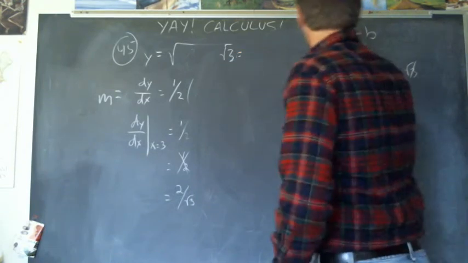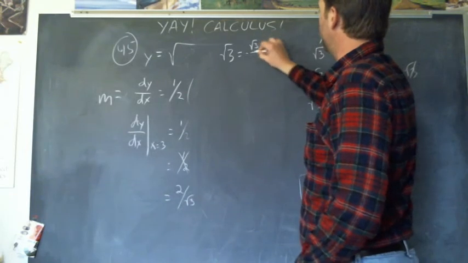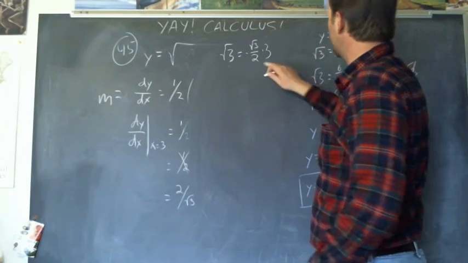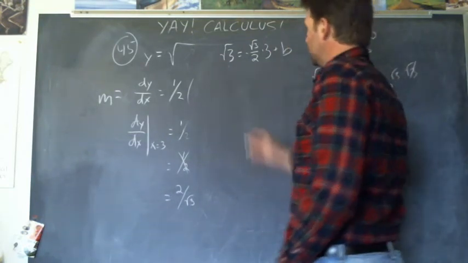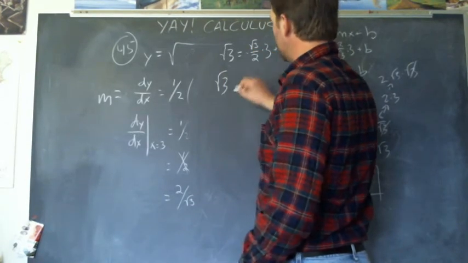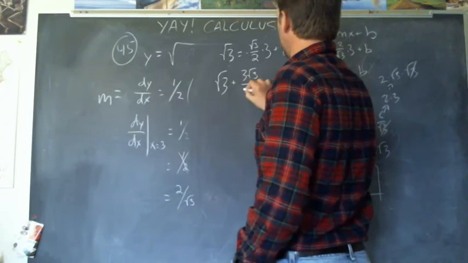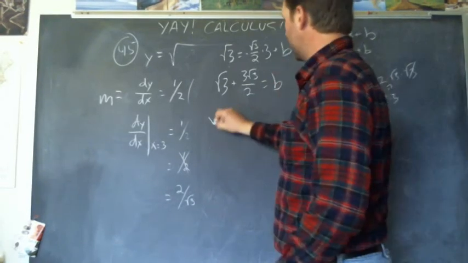Radical 3, instead of 2 over radical 3, will be negative radical 3 over 2, the opposite reciprocal, times 3 again, plus b. So b equals radical 3 plus 3 radical 3 over 2.